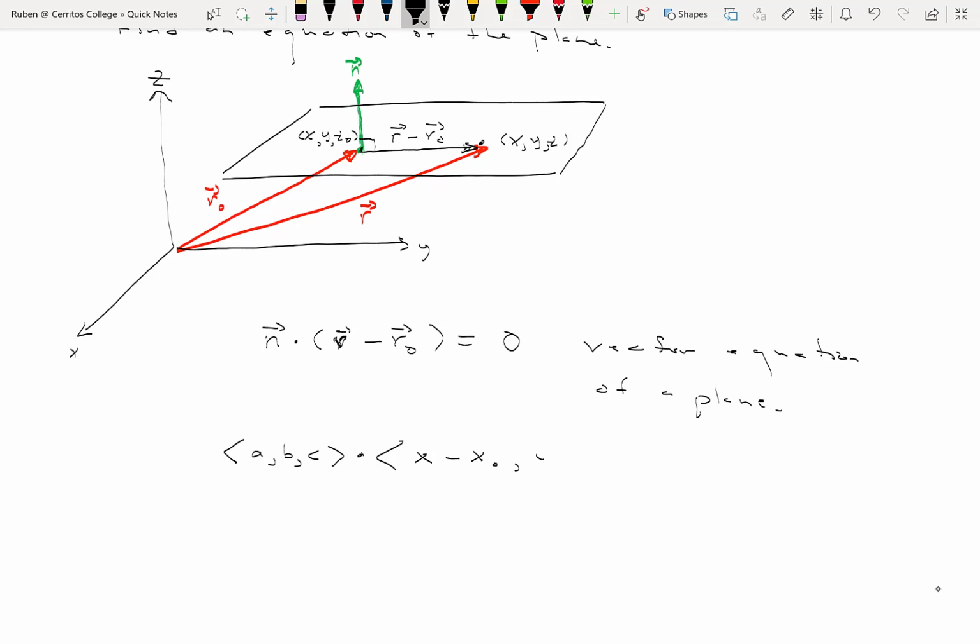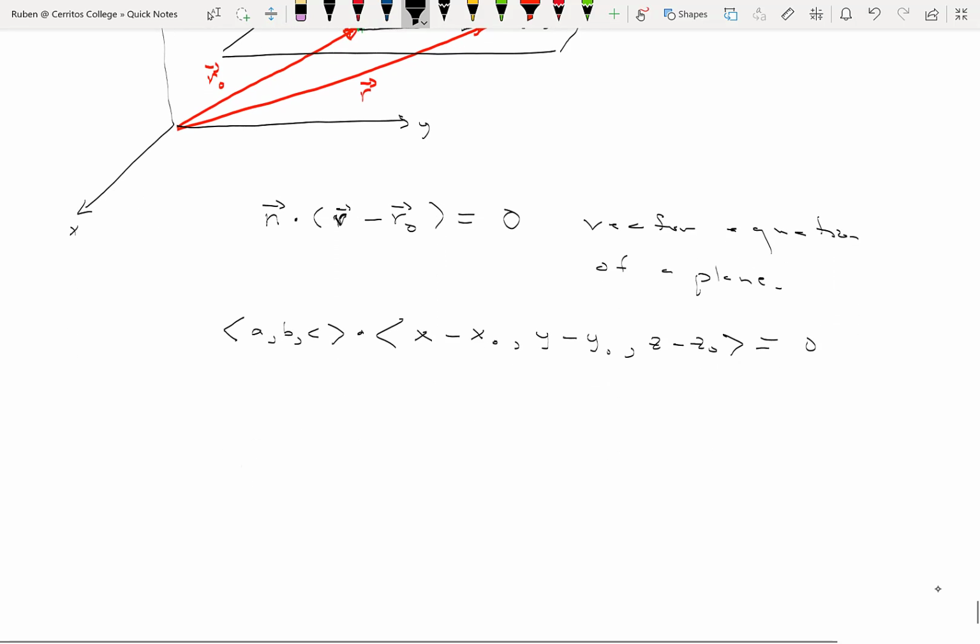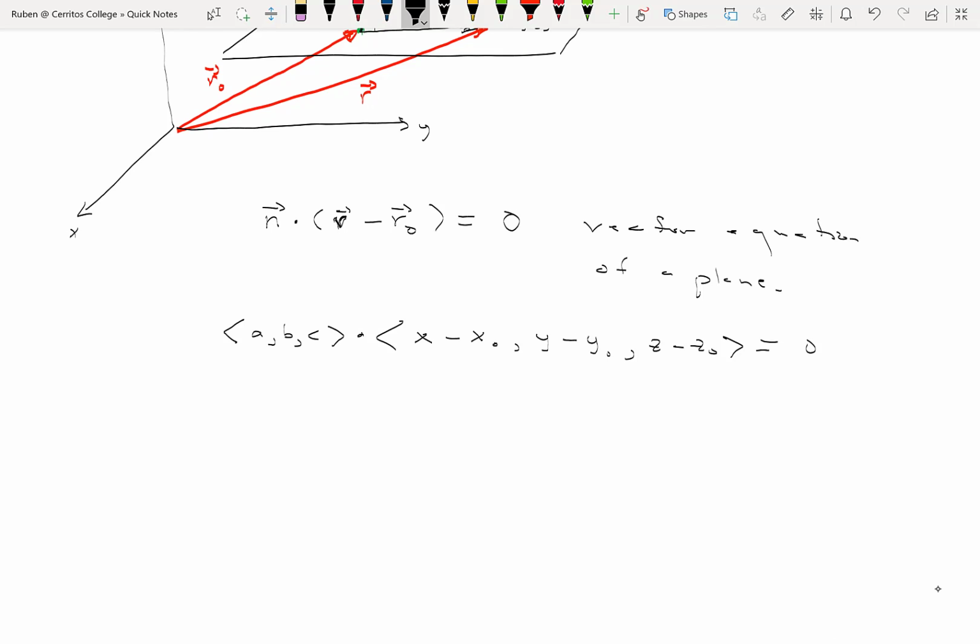So when you subtract them, the components of the resulting vector are x minus x naught, y minus y naught, z minus z naught. That is also the vector equation of the same plane. It's just written with all the components intact.